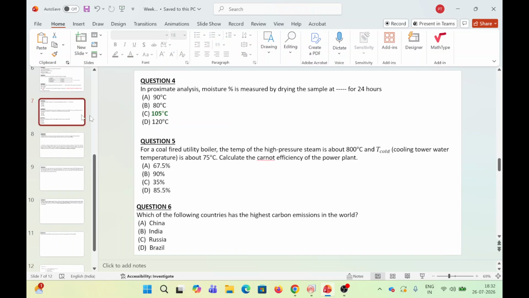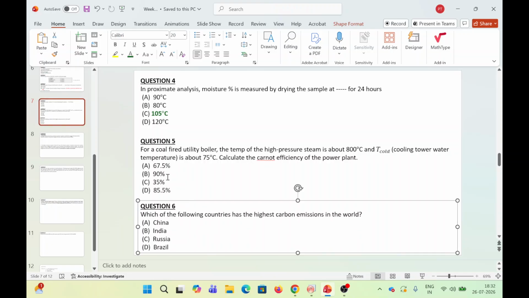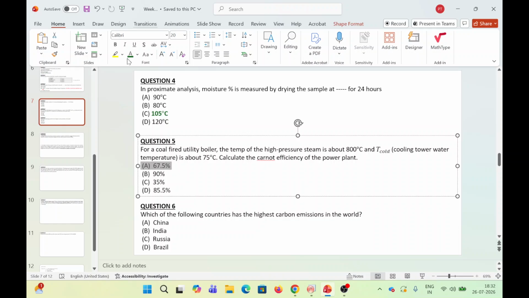So that is the answer, 67.5%. Anyone has any doubts in this? No doubts, right? So shall we move towards the next one then?